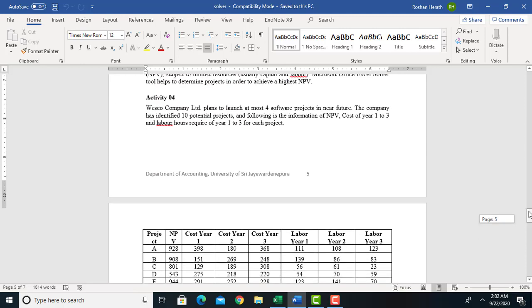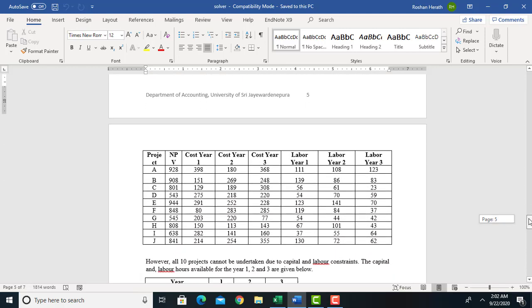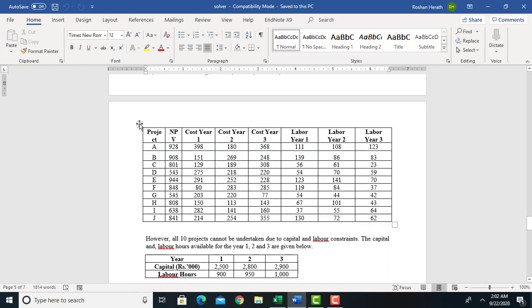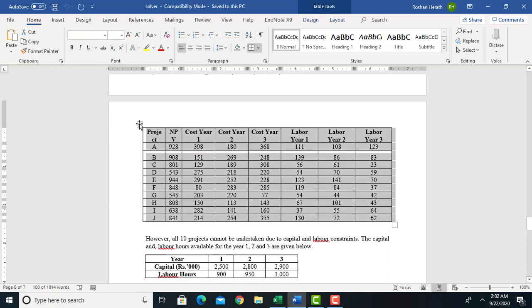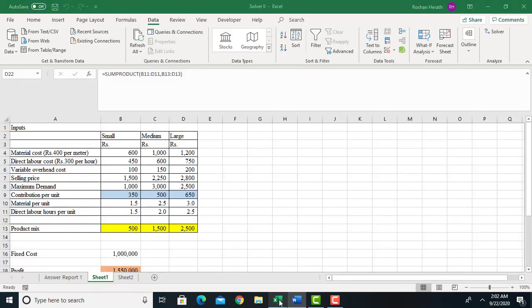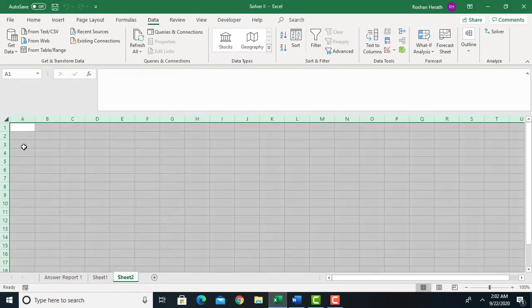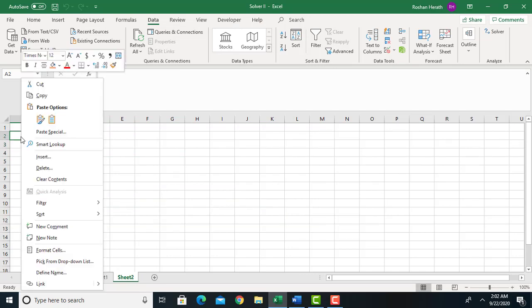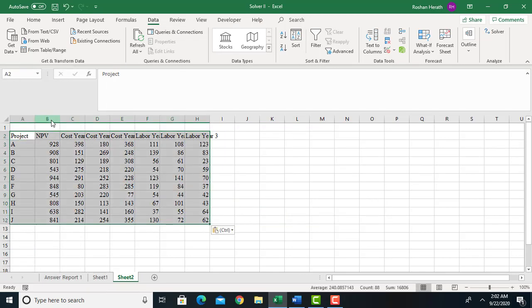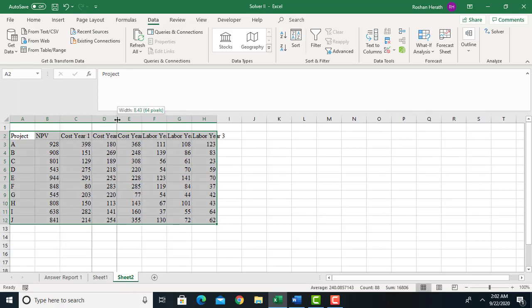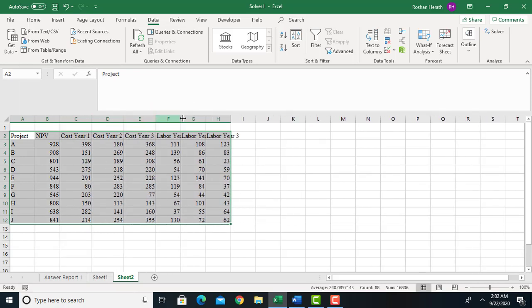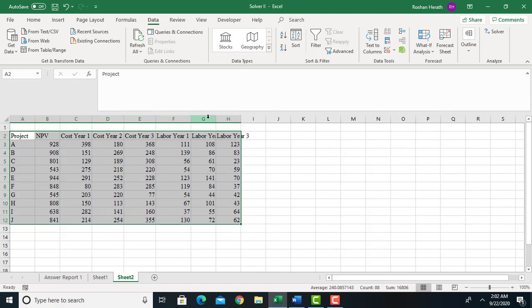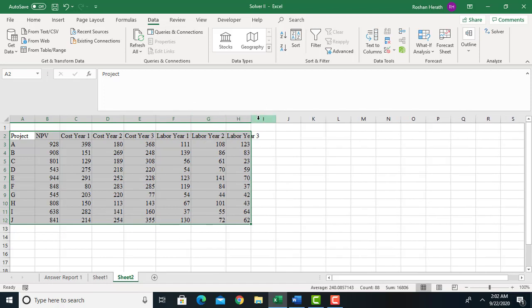Again, we need to develop the basic model. So we might copy this information, and that is basically going to be your inputs: the NPV values, cost of year 1, year 2 and year 3, labor year 1, year 2 and year 3.